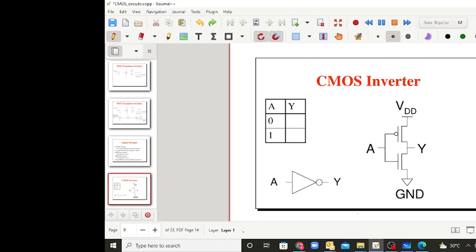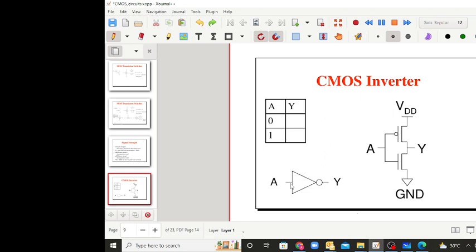Okay, now we'll come to the CMOS inverter. The NOT gate is called an inverter, and this is the symbol. You are giving A as the input and Y as the output. If you understand the working of this, you can easily do all the other gates. The circuit needs the number of inputs times 2 transistors.